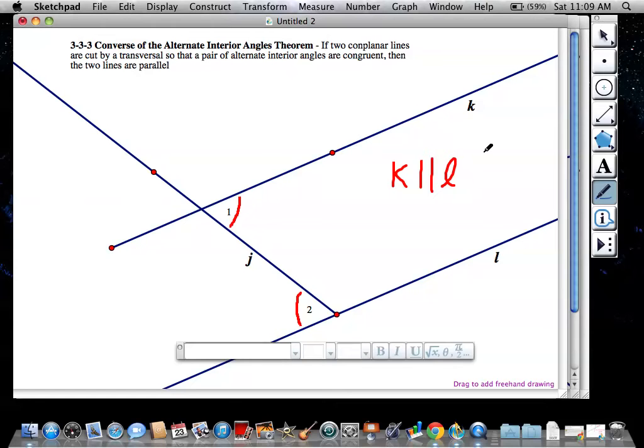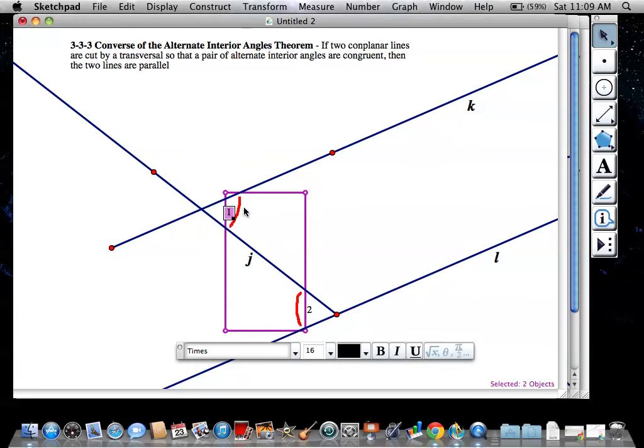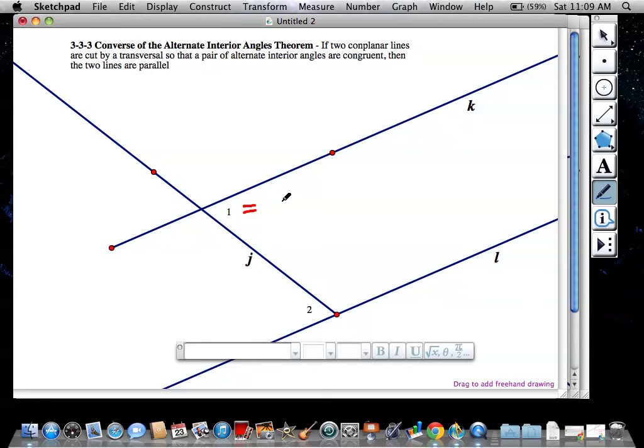Okay? And I would work this the same way if I didn't know they were parallel and it said angle 1 had a measure of, let's say, 7x minus 3, and angle 2 had an angle measure of 5x plus 15. In order to make K and L parallel, these two must be congruent.